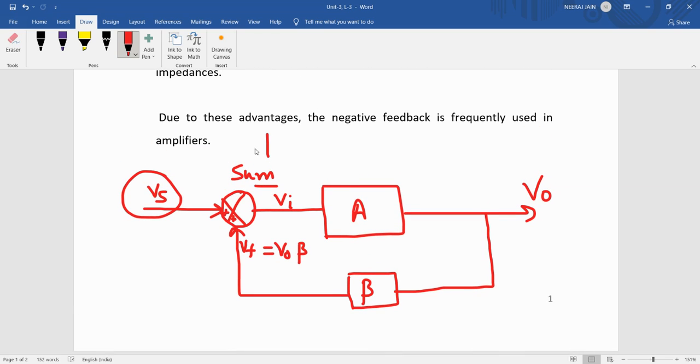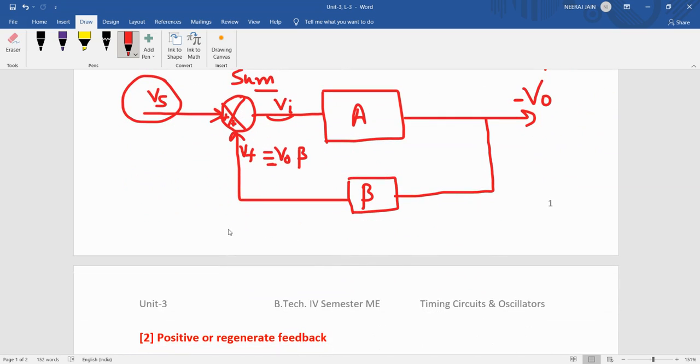If we are giving the input like this and the output has a 180 degree phase shift, we are getting such an output. अगर हमारा आउटपुट है वो 180 डिग्री फेज शिफ्ट होकर हमको मिल रहा है, then definitely it can be called the minus VO. हम इसको minus VO बोलेंगे. तो हमारा जो VF होगा that will be the minus VO beta and here we will get the Vi will be Vs minus VO beta.